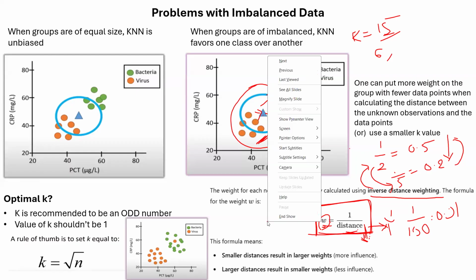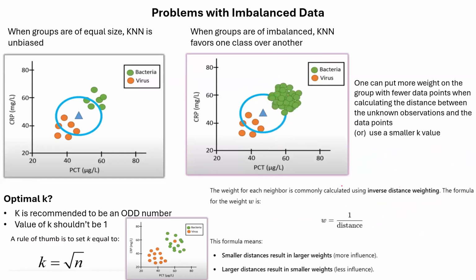Let me explain with a simple example. We are going to do the weighted calculation, where 1 by distance is the parameter. Let's suppose we have distances 2, 2, and 1 for the virus points.